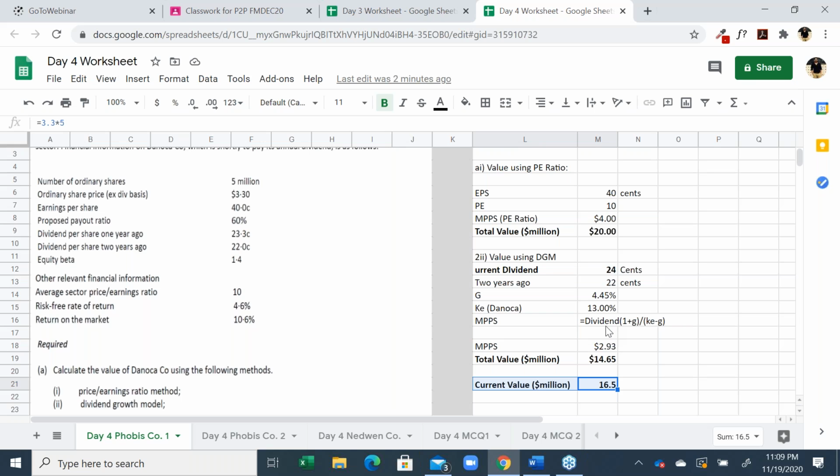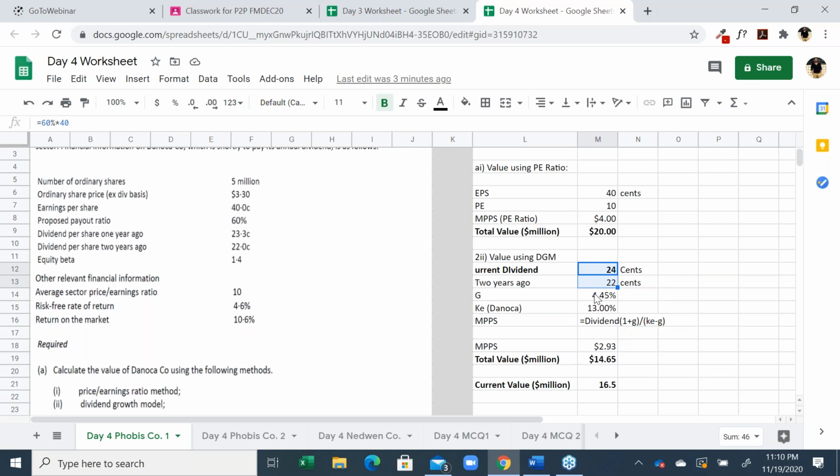And that growth rate was for the past dividends, and even for only 2 years. We just picked up 2 years and used the historic growth rate for predicting the price of the company.